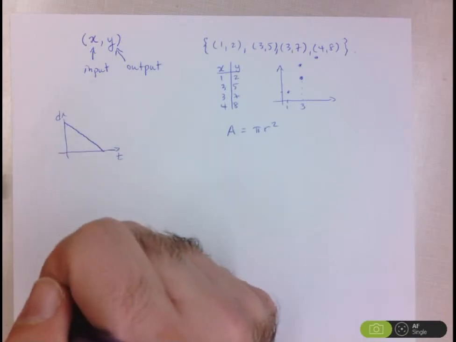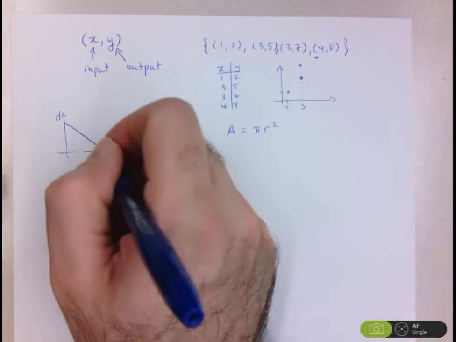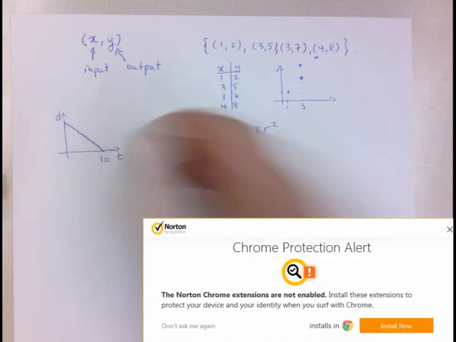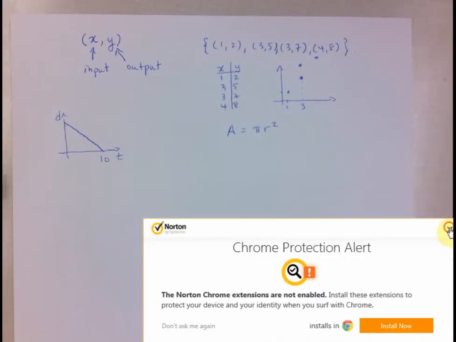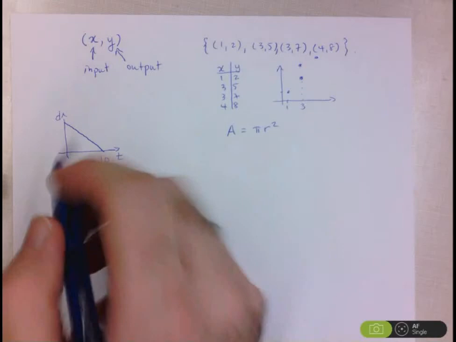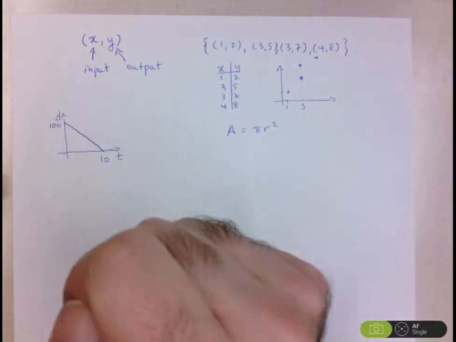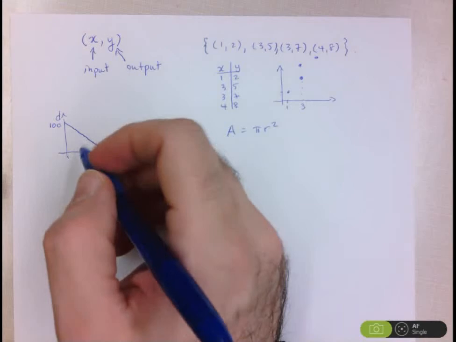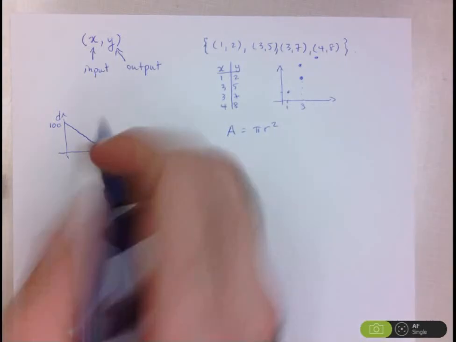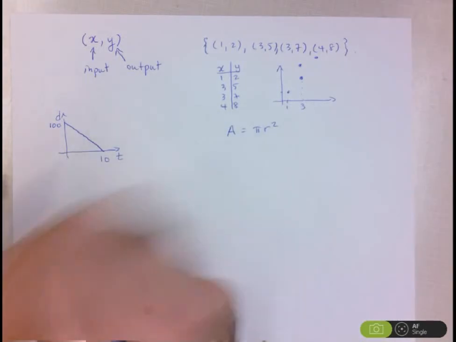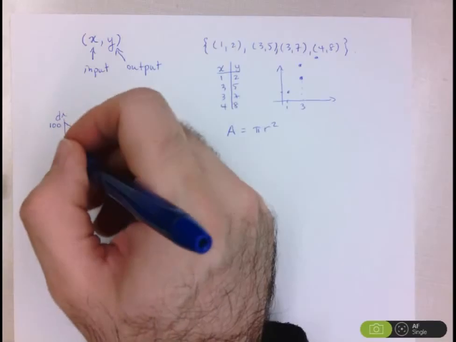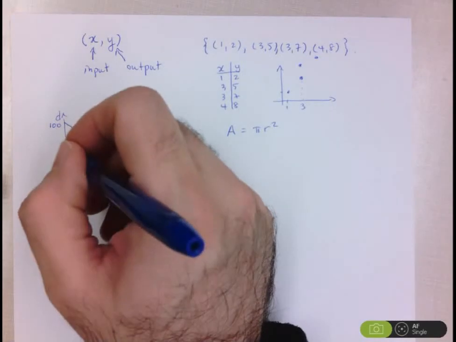I see here that it's limited, because say it takes me 10 minutes to complete the journey home, and I started 100 meters away from the house, the list of all possible input values would lie between 0 and 10, and the list of all possible output values would lie between 0 and 100.